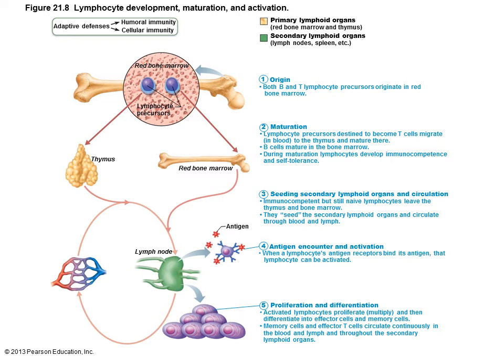Then secondary lymphoid organs normally see some antigen, and the antigen will trigger those lymphocytes to be activated in a lymph nodule, and then proliferation of that particular B cell occurs. They become plasma cells to produce many millions of antibodies, so that they can attack that antigen at that point.